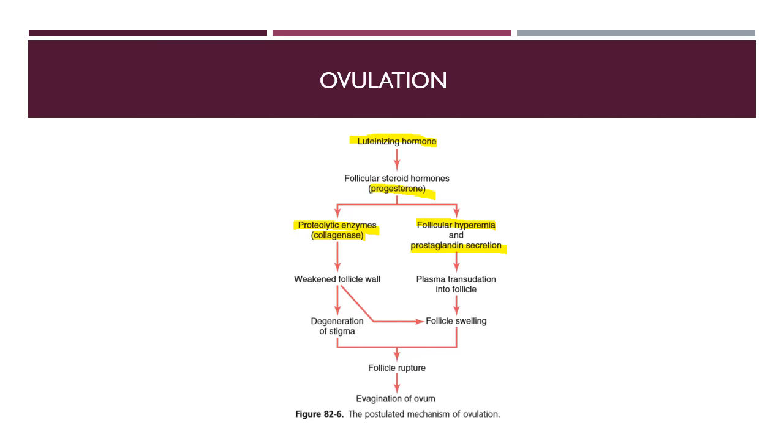The proteolytic enzymes will weaken the follicle wall and cause degeneration of the stigma, the protrusion on the follicular wall, which will help rupturing the follicle. In addition, the prostaglandin secretion will signal the follicle to undergo further swelling, which will stimulate the rupture of the follicle, and then the evagination or expelling of the ovum.